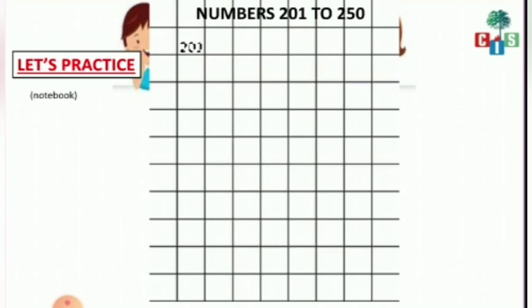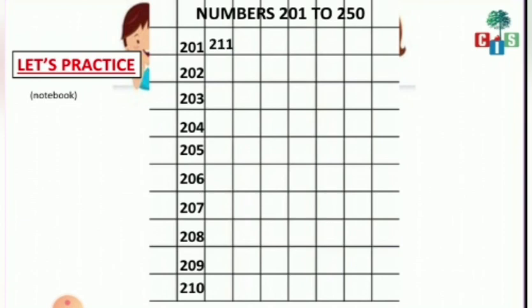Okay. So 201. After that 202, 203, 204, 205, 206, 207, 208. Then what will come? 209. After 9? That's correct. 210.